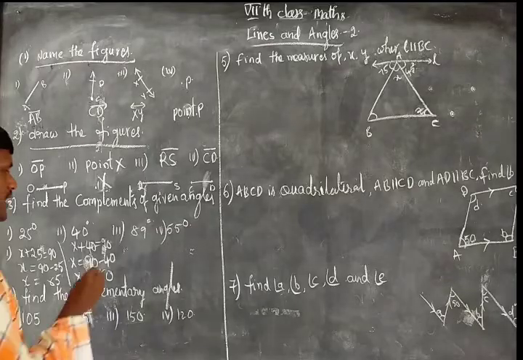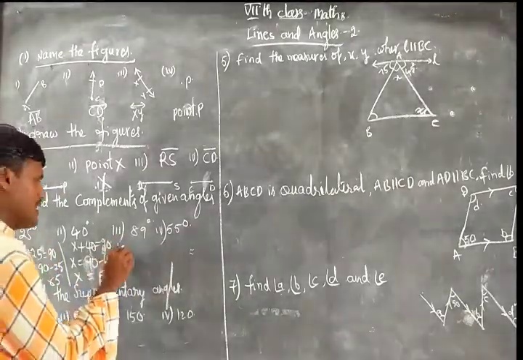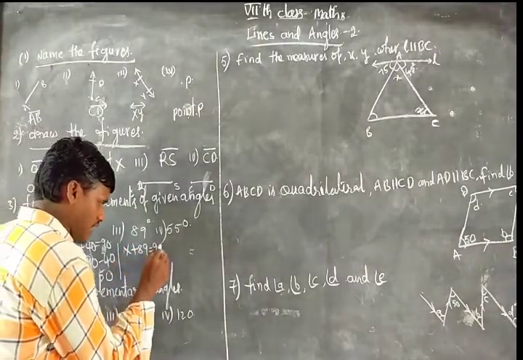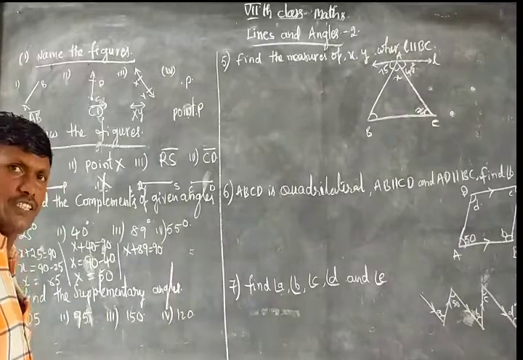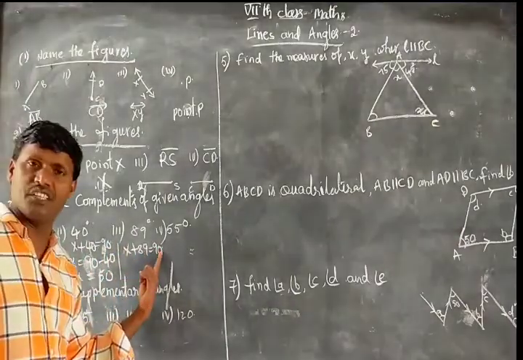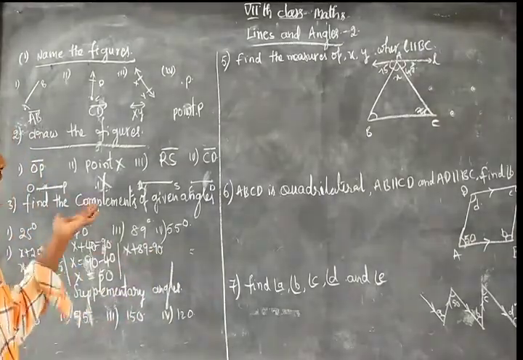Next, 89. Again x plus 89 is equal to 90. Why did I use x plus 89? Because the sum of two complementary angles is 90 degrees. Directly you can write complementary. Complementary means 90 degrees.